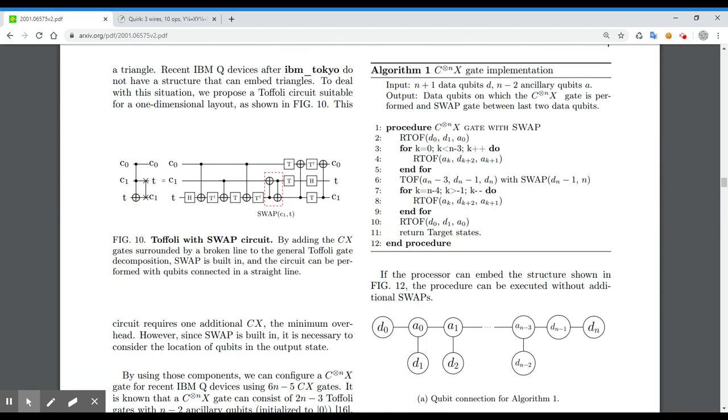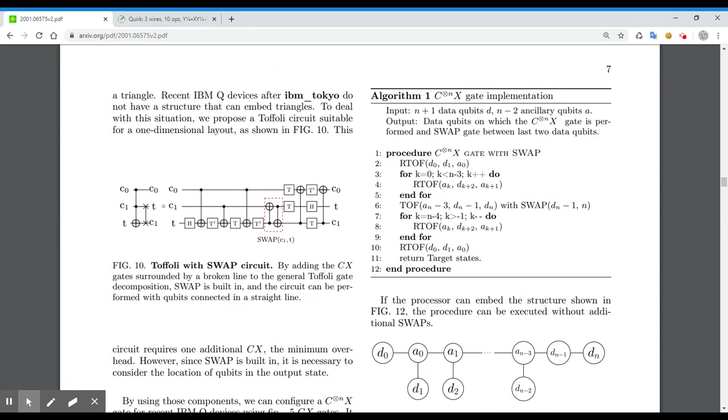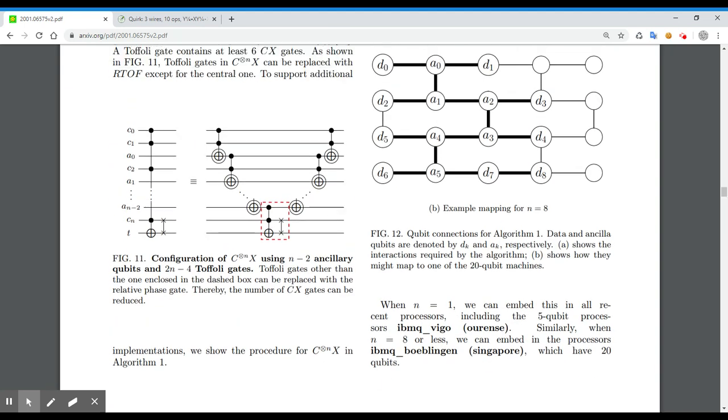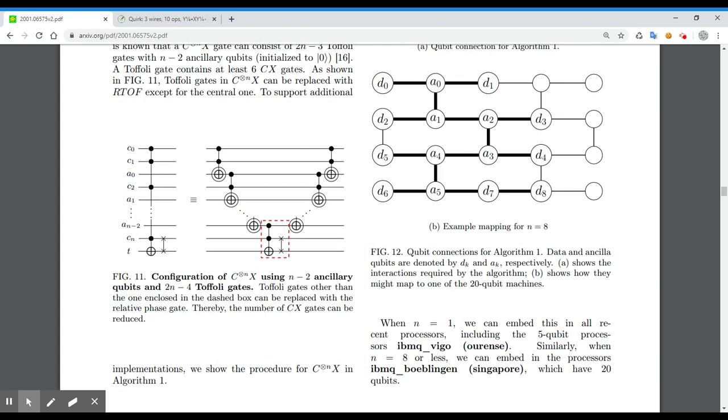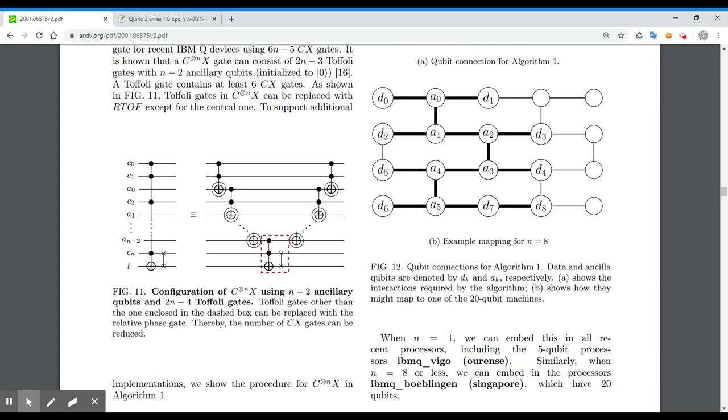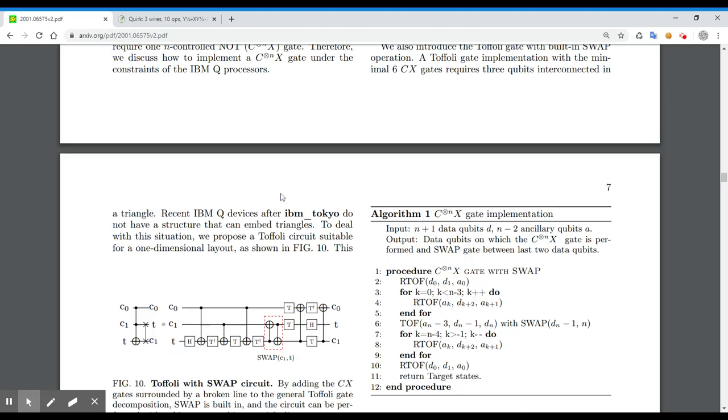Okay, so data qubits. An N-controlled X gate implementation. Input N plus 1 data qubits. Okay, first let me take a look at these. But don't these phases, shouldn't you correct those phases?